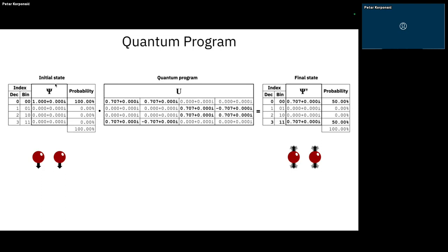So we have initial state of a quantum computer, and we need to transform that state into some new state. So state of a quantum computer is always unit vector. It's only question how probabilities are distributed through the vector. And so we are transforming unit vector into another unit vector.